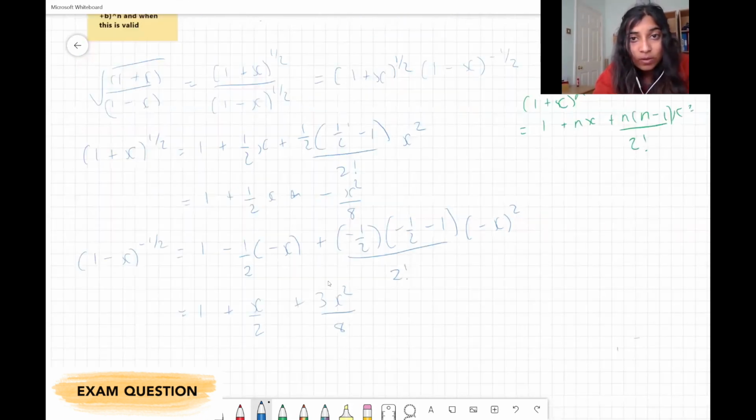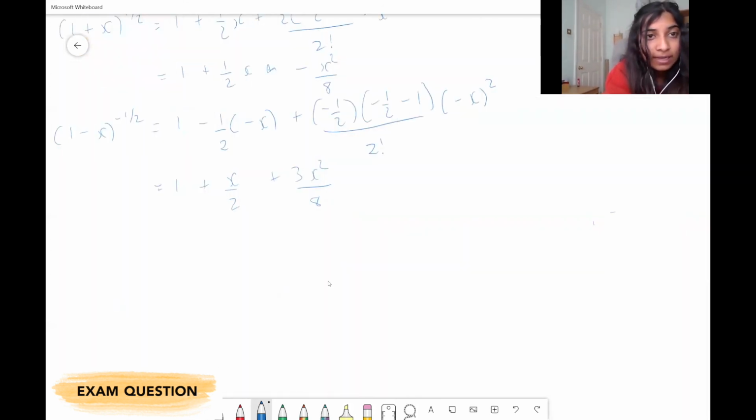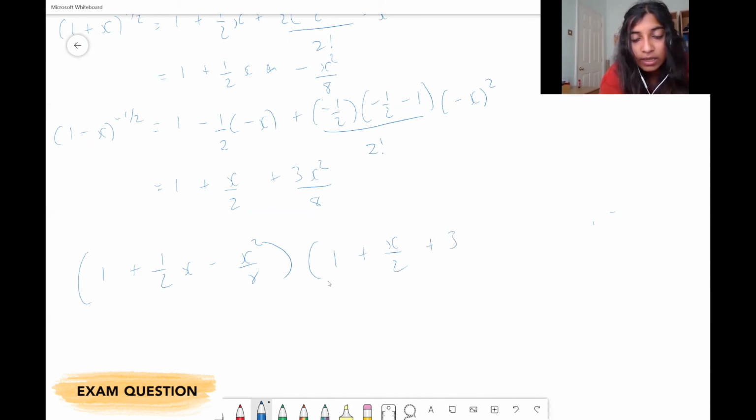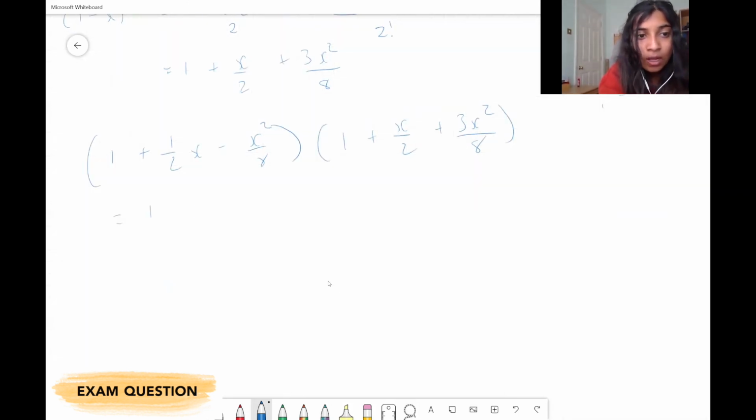And now if we were to multiply these two expressions together, we would have 1 plus a half x minus x squared over 8 times 1 plus x over 2 plus 3x squared over 8, and that would be equal to 1 plus x over 2 plus 3x squared over 8, and then plus a half x, then plus x squared over 4.